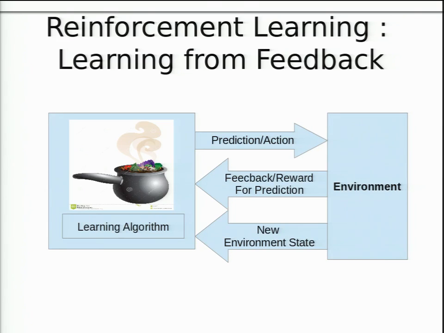Based on that, I give some reward or feedback, which is either a biscuit or a sad face, right? And also I throw the ball again and give it a new state, so it again knows where the ball is. At this point, it can again react to it by going to the ball or not going to the ball, and this process continues. And finally, the dog learns to go and fetch the ball, right?